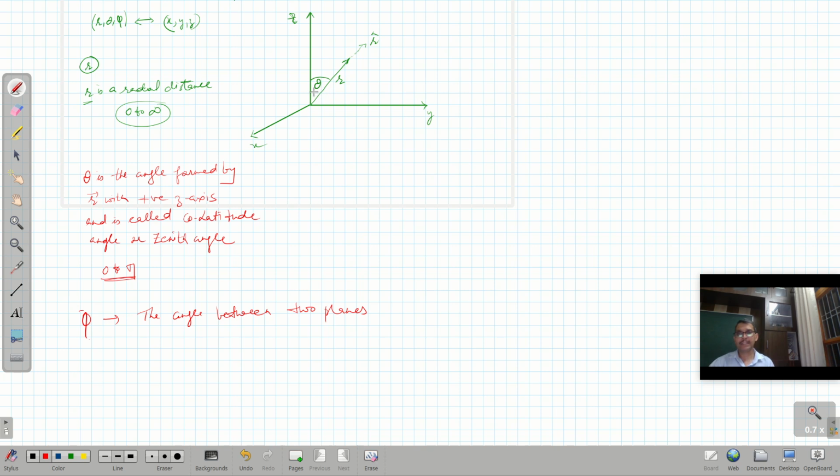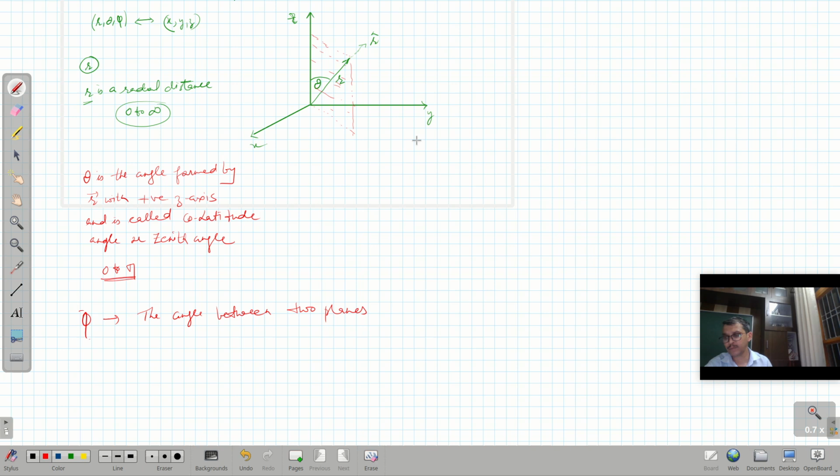And another plane is the ZX plane. This is the plane in which this r is lying, shown by red color.